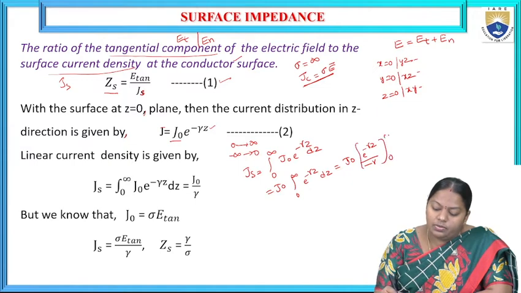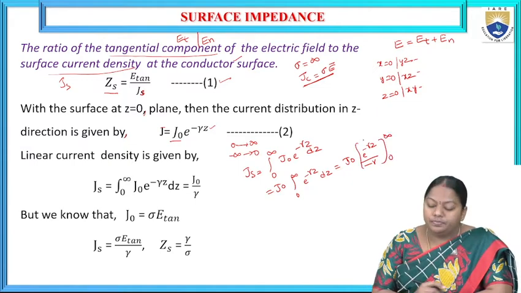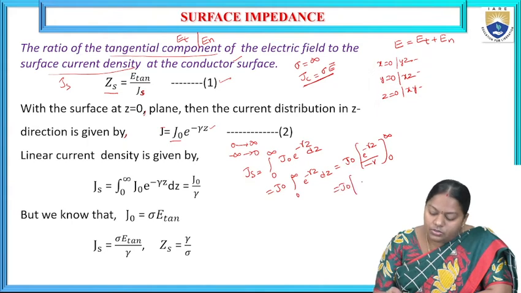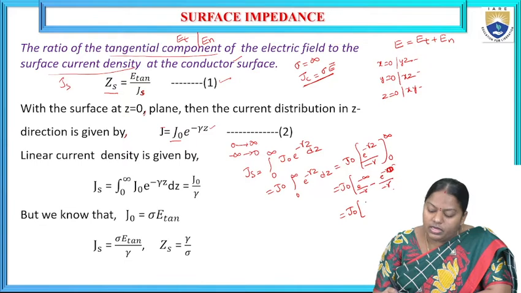Then substituting limits 0 to infinity, J naught into e power minus infinity by minus gamma, minus of e power minus 0 by minus gamma. So the first term becomes 0, and the minus of minus becomes plus, e power 0 is 1, then 1 by gamma is left out. Then Js is obtained as J naught by gamma.